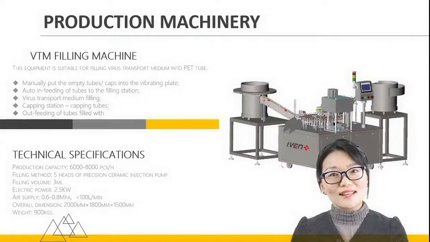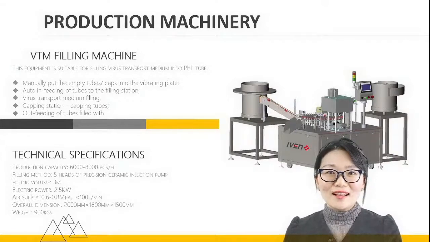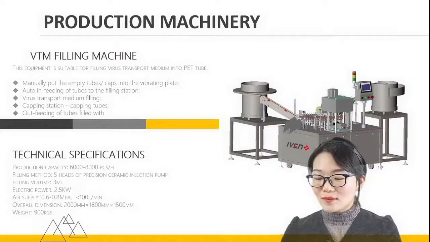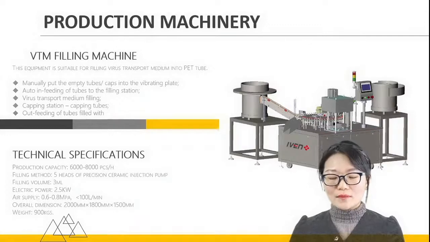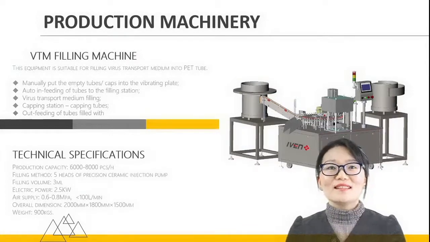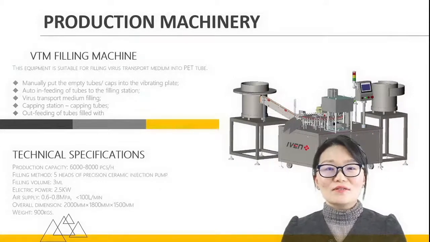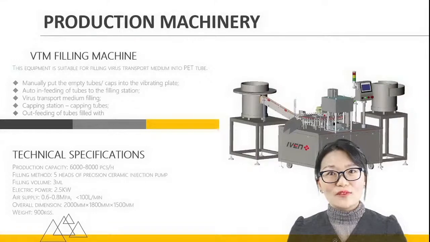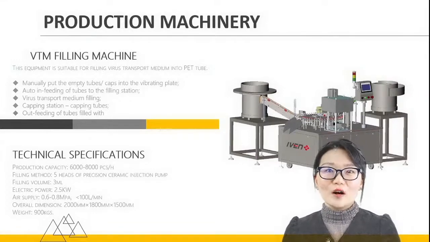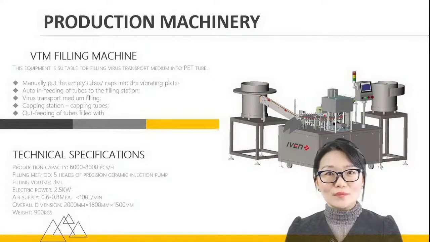Now let's get back to our machinery. How to produce the liquid medium into the PET tube? This is the VTM filling machine. It is used for filling virus transport medium into tubes. The operating process is quite simple.